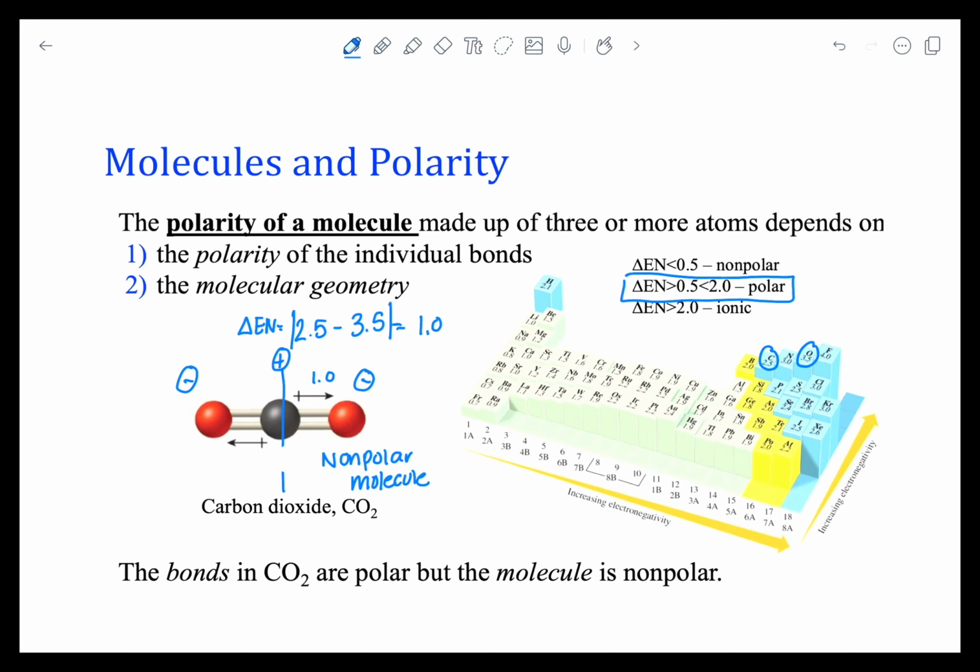There's no one spot that we can point to and say that portion has more electrons than another, and it is being shared unequally. So because the electrons are being pulled in equal but opposite directions, the molecule overall is going to be nonpolar. So our final statement here is that the bonds in CO2 are polar, but the molecule overall is nonpolar.